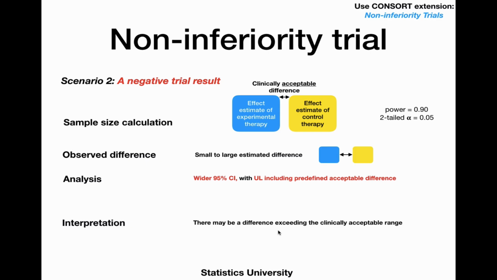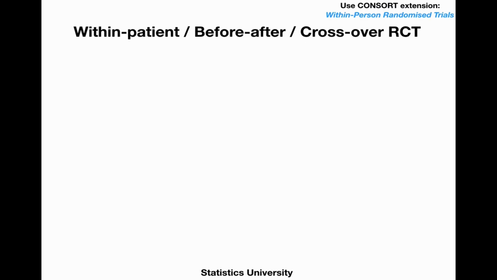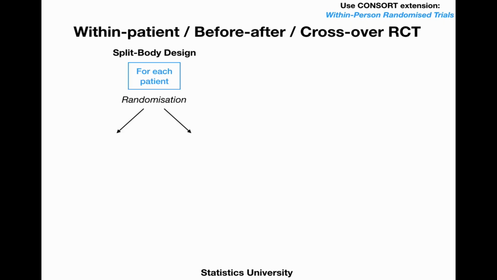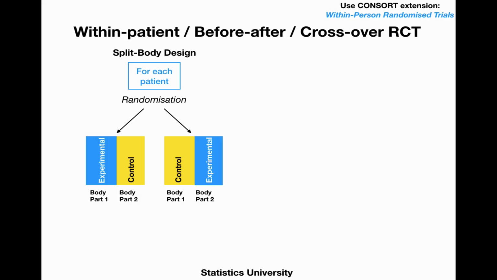There are different other designs like a within patient before and after or crossover RCT, and in all these designs we use the patients themselves as their own control. One example is the use of a split body design. And here for each patient we randomize the therapy into experimental and control for 2 different body parts.